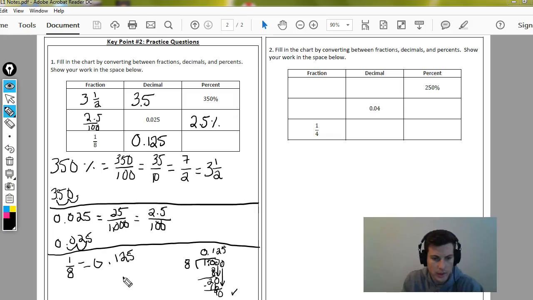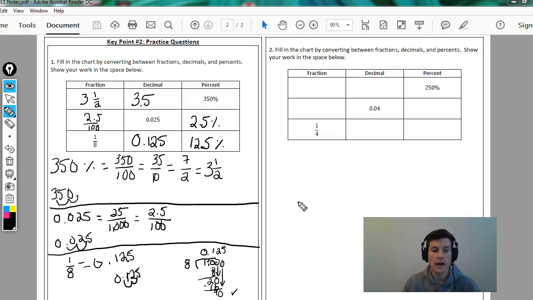Now, as a percent, since we already converted this to a decimal, let's just go ahead and say, hey, we can move the decimal here. So if we move it 2 places to the right, it's going to be between the 2 and the 5. So this would be our new number with the decimal here. And we would say, hey, this is 12 and 5/10%.